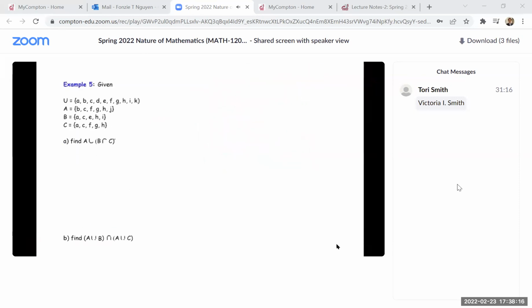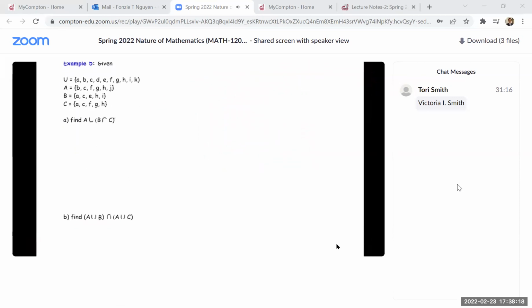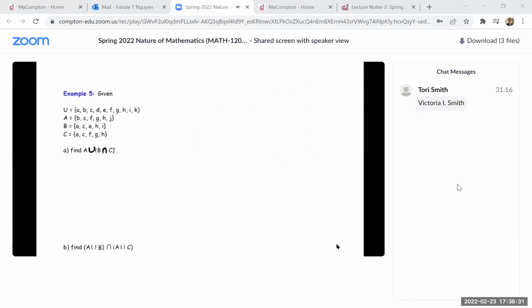All right, let's look at this one. It looks like it didn't print out that well, but this should be a union and an intersection, an overlap. So first let's draw the picture again.